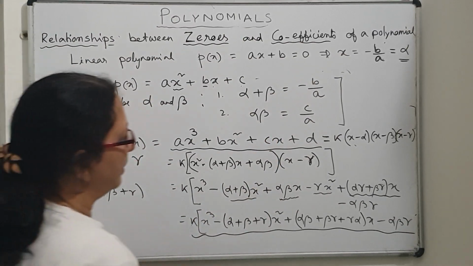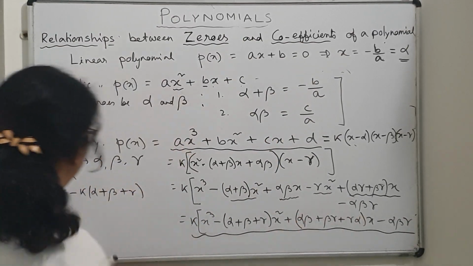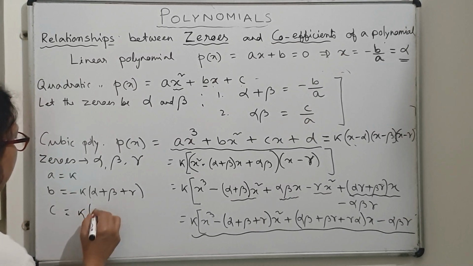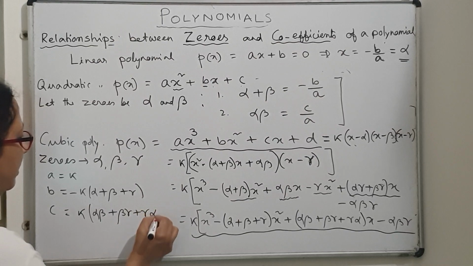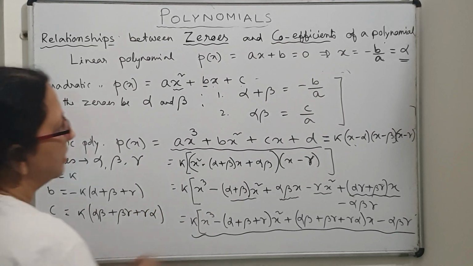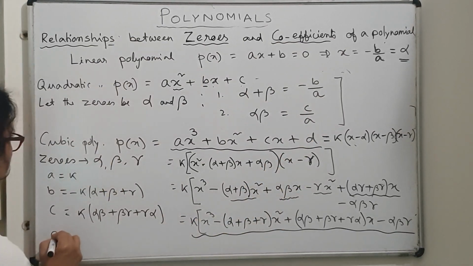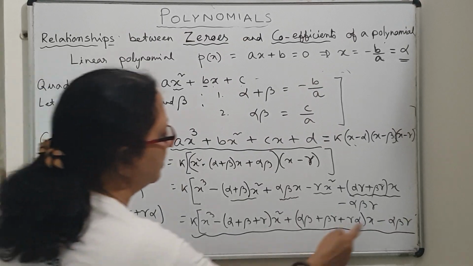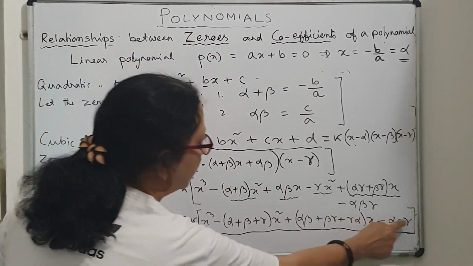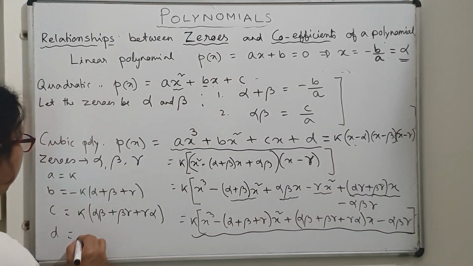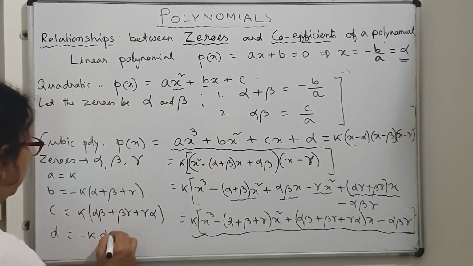Here coefficient of x is k into (alpha beta plus beta gamma plus gamma alpha). Then lastly the constant term d is equal to the constant term here, k into minus alpha beta gamma, or I can write minus k into alpha beta gamma.